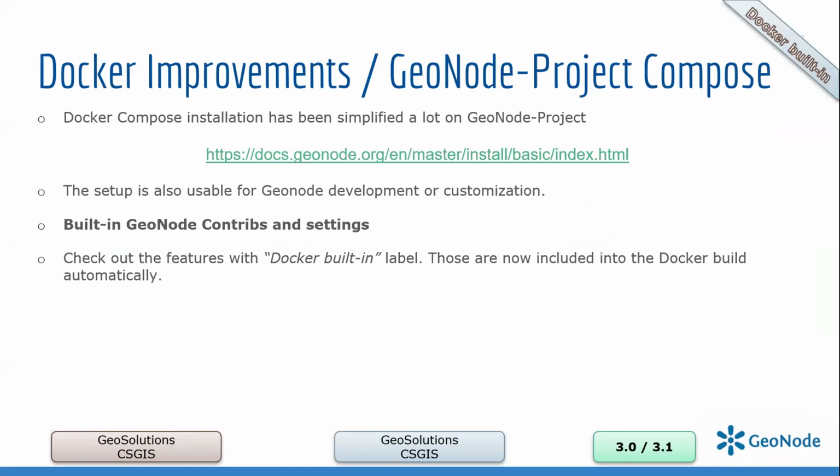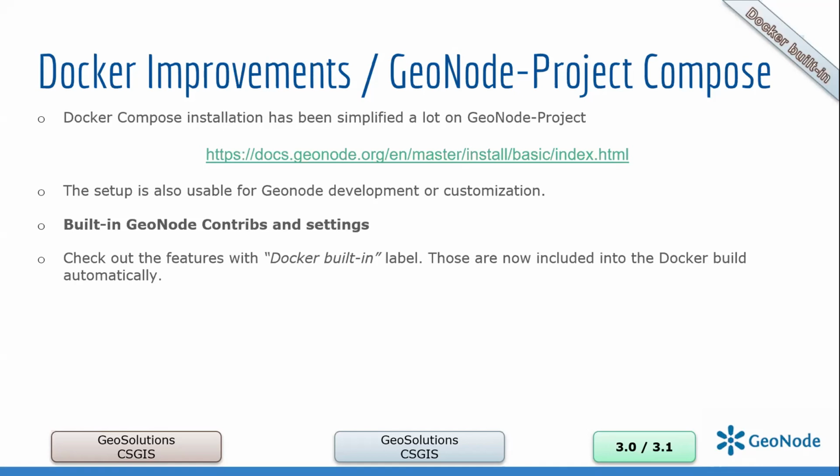So we invested a lot of time into this Docker mechanism that basically has some automatic scripts that allows you to automatically build the images and deploy the services according to your preferences and your custom settings.